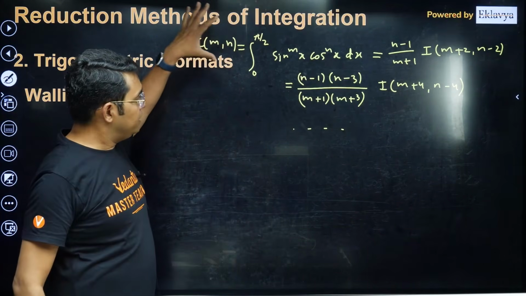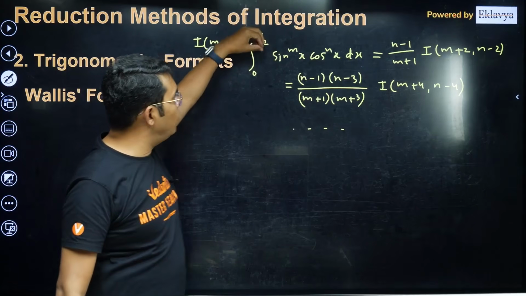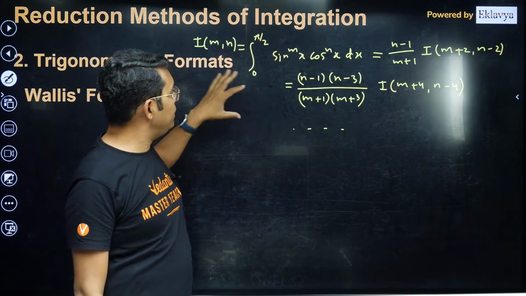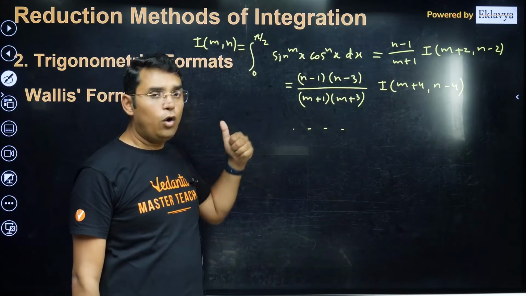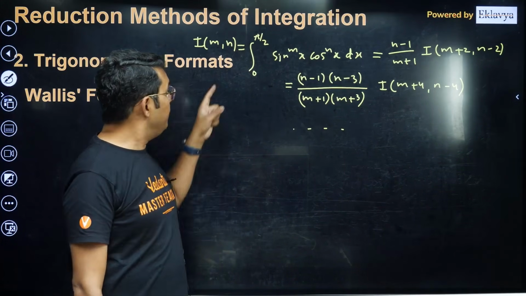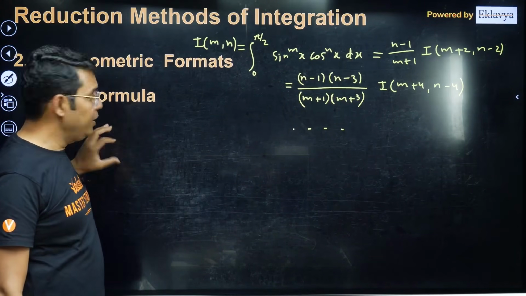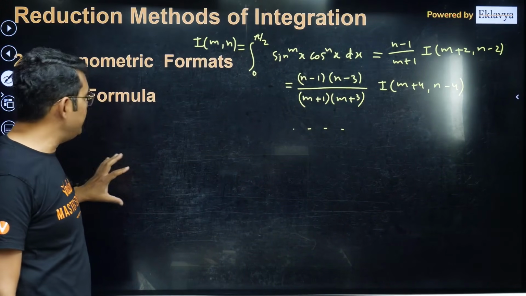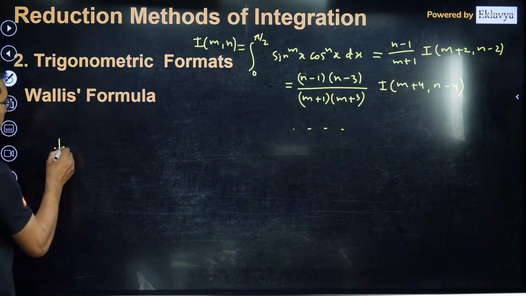So you can see after reducing only in terms of sine power, you can then finally find the result. Although this is not a very small method, after doing with this method, we get one very important result known as Wallis formula, and we must know this.